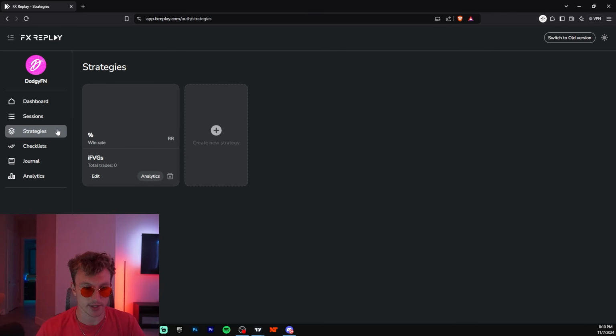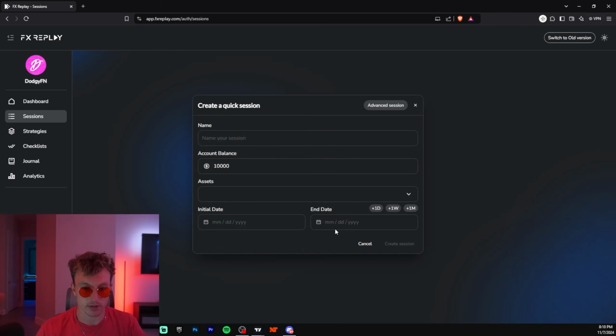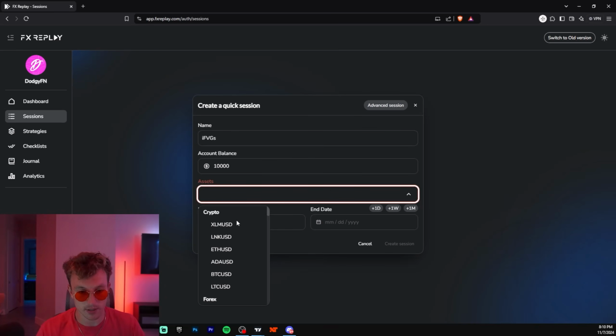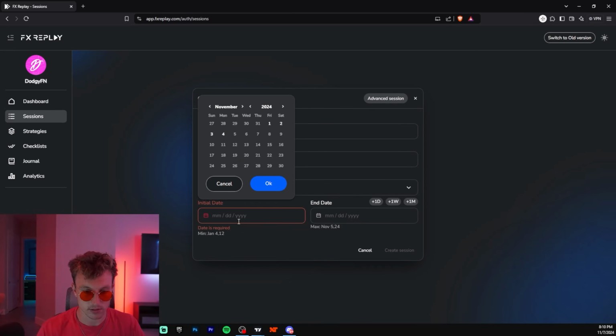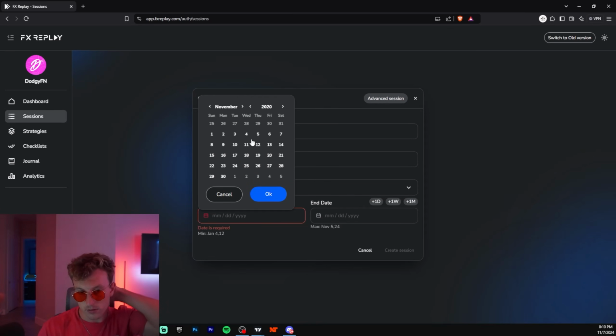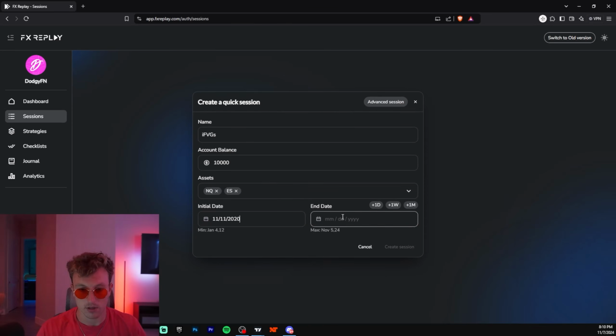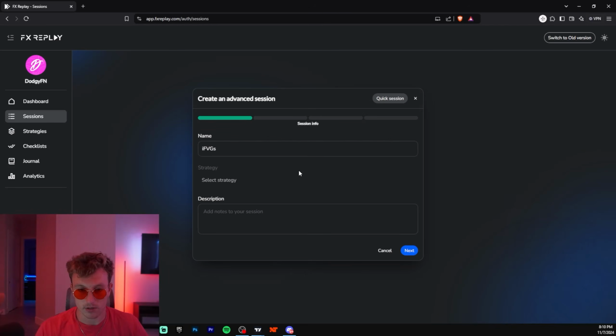Now we're gonna go to new strategy or new session, create session. iFVGs, account balance, assets, NQ, ES. I'm gonna go to 4 years ago about. End date now, and we're just gonna do select strategy.